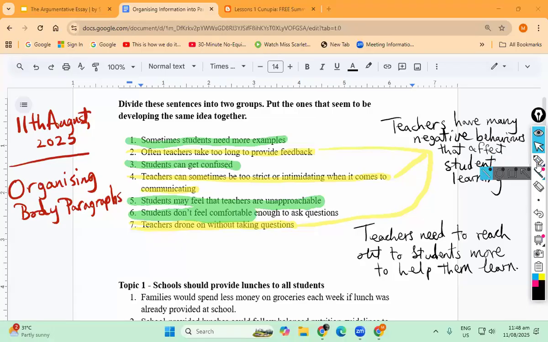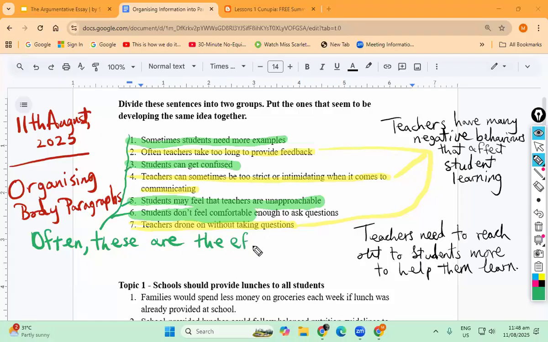All right, so I'm gonna put this in green so it's clear. All right, but we're saying that 1, 3, 5, and 6 is often these are the effects on students, right?